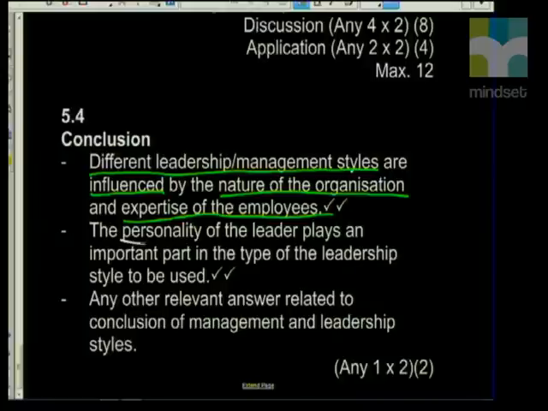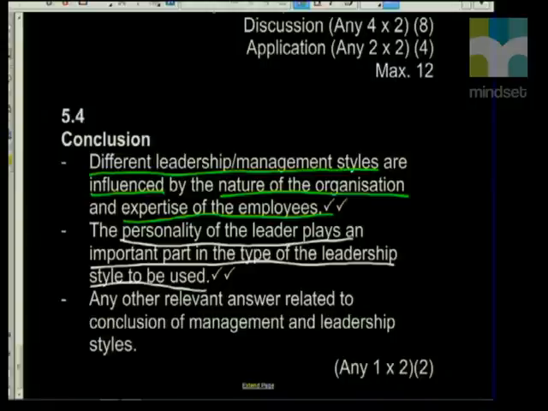The next one, the personality of the leader plays an important part in the type of leadership style to be used. So if you are by nature a 'this is how I like things to be' kind of person, you'll automatically lean towards being an autocratic leader. And so it carries on. Your personality will affect your leadership style.